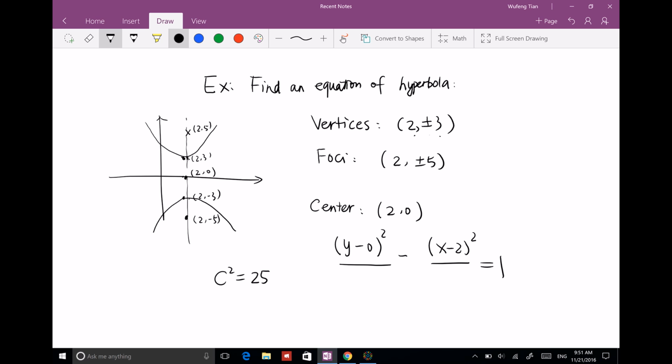All right, so now I think you can tell me what is a. 16. A is 4. No, wait. A is 3, because this is (2, 3), (2, 0). Okay, it's 9. 9, very good. So this one would be 16. Perfect.